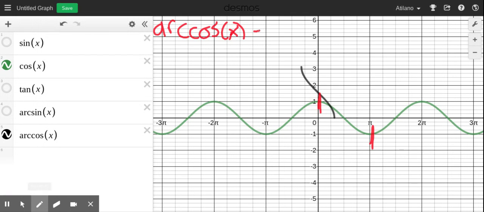So if we talk about arc cosine, which can also be referred to as cosine inverse of x, the domain, the possible inputs we could have for the arc cosine, can go from negative 1 to 1, and its possible outputs, the range for the arc cosine, should be from 0 to pi.